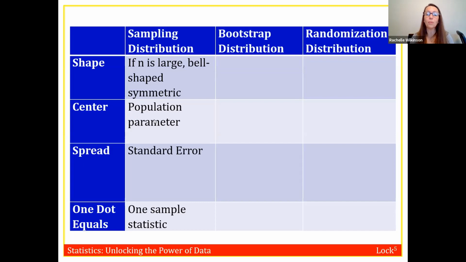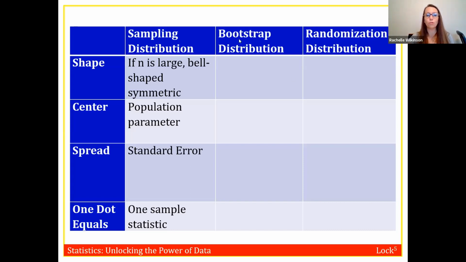That's because, remember, in a sampling distribution, we're taking lots and lots of actual samples from the actual population. From each of those samples, we're calculating our sample statistic, and then we graph all those sample statistics. So one dot on a sampling distribution equals one real sample statistic, because it came from a real sample from the real population.